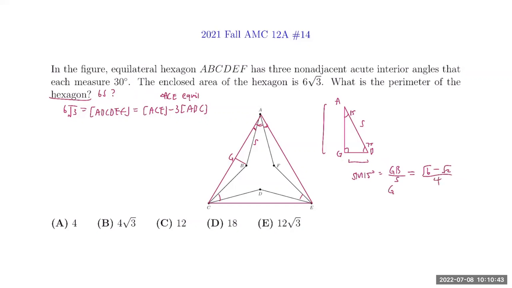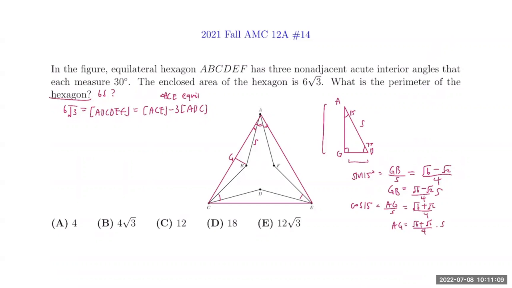So GB is equal to √6 minus √2 over 4 times S. Similarly, for cosine of 15 degrees, which is AG over S, we have √6 plus √2 over 4, giving us AG is √6 plus √2 over 4 times S.